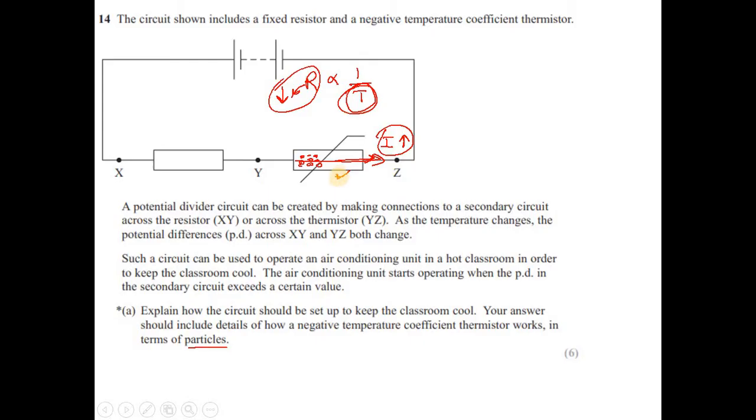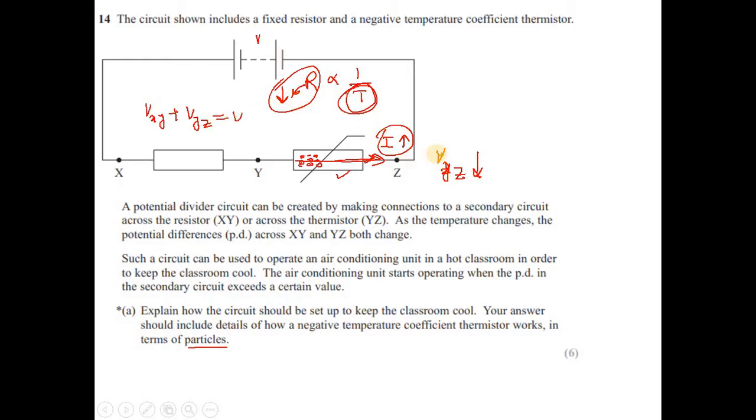Now if the resistance of the thermistor is decreasing, the voltage across YZ, VYZ, must be decreasing, because resistance decreases so voltage decreases. But this is a series circuit, so the sum of the two voltages, VXY plus VYZ, must be equal to the total voltage, which is the voltage of the power supply.